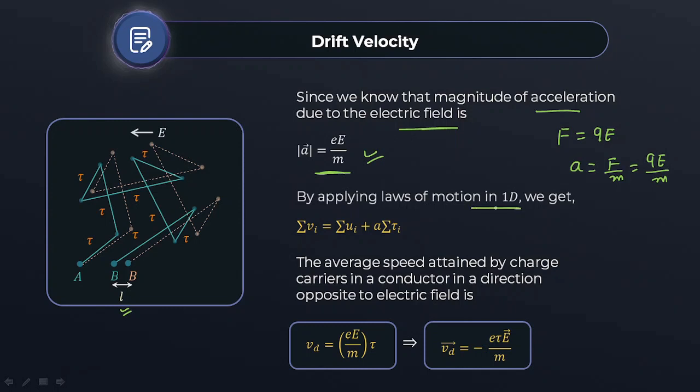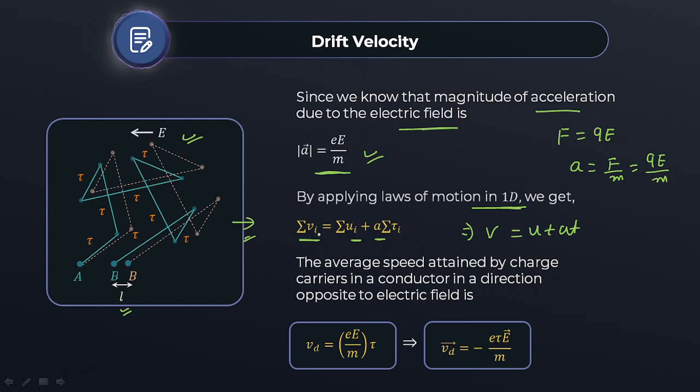By applying the law of motion in 1D, because we consider that all these electrons are shifting towards the right side, opposite to the direction of electric field, with some constant velocity, right? So in 1D we can write v equals u plus at, right?